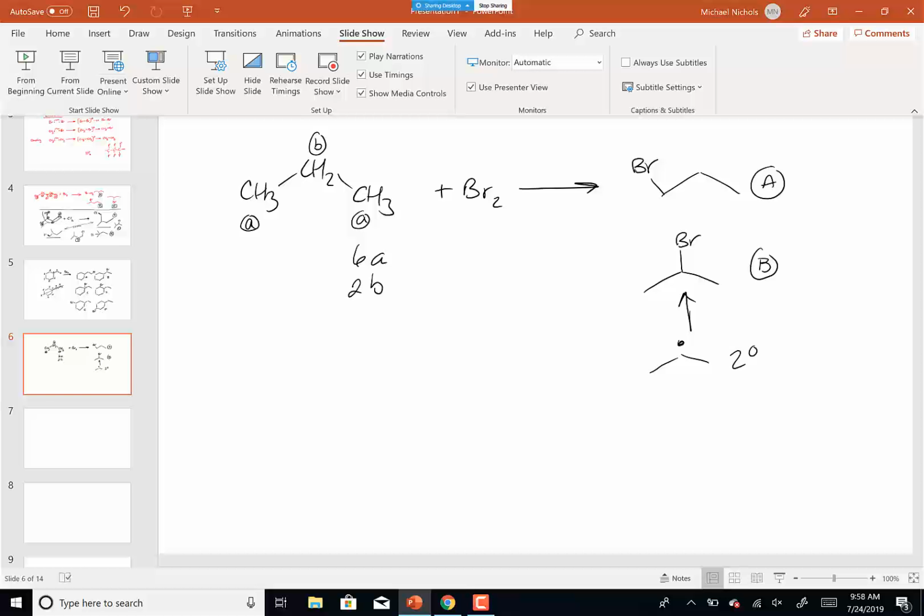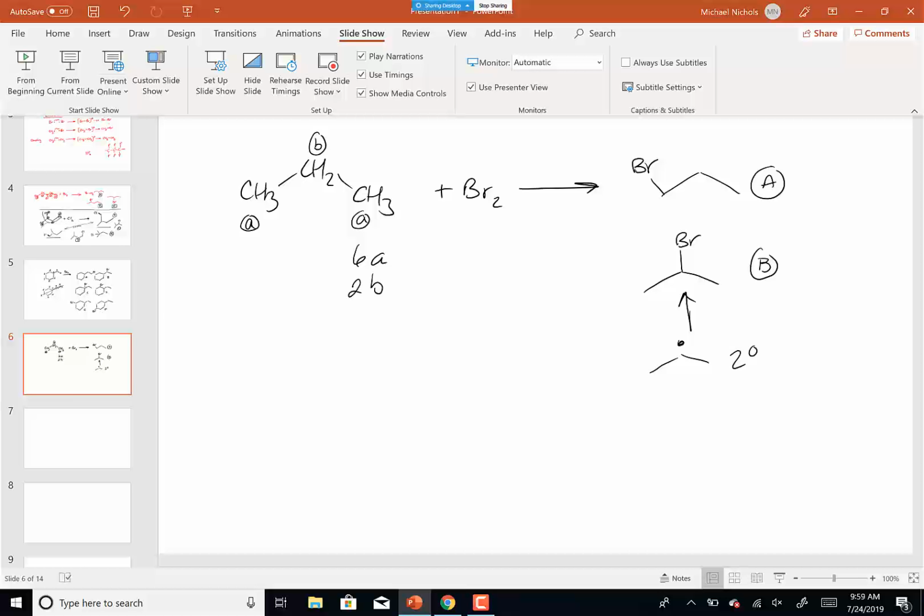So just statistically, which hydrogen are you likely to come into contact with? With the A's. Now you could also make the case that since they're CH3s, they're going to be less sterically hindered, although that argument works in this case. But from a pure statistical standpoint, if you're a Br dot, you could make product A 6 different ways, and you can make product B 2 different ways.